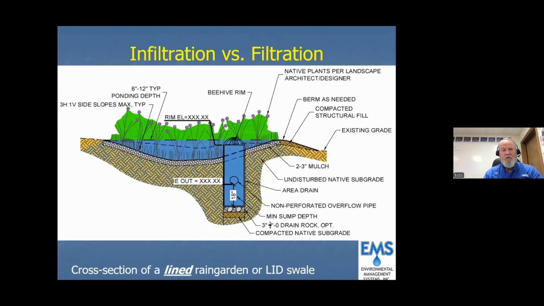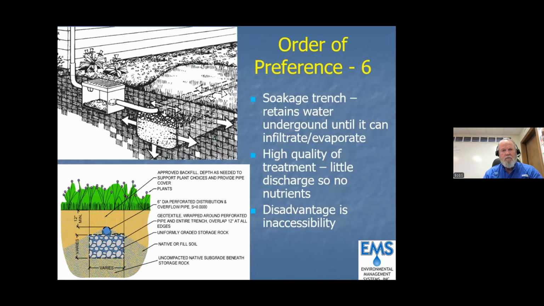Of course, elevations, you really need to understand the elevations of the sites you're dealing with and how everything is going to work together, and try to spread that out over the slope instead of just going downhill as fast as you can get it. You want to get it spread out.